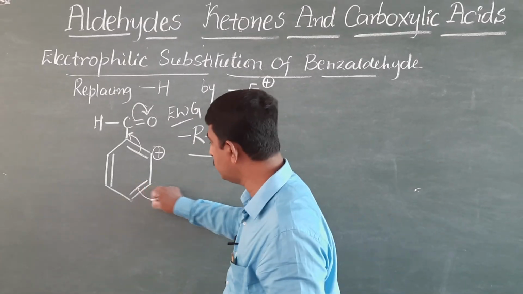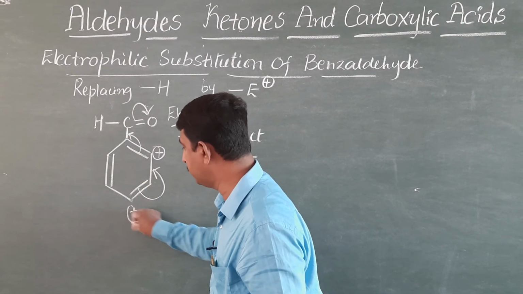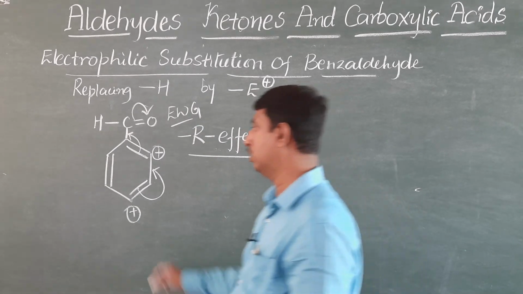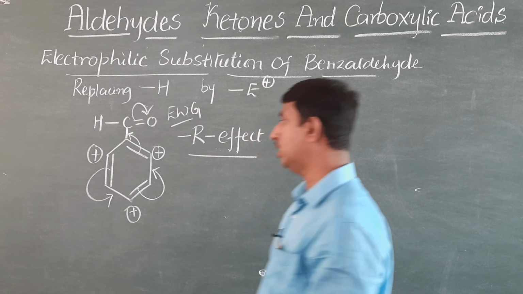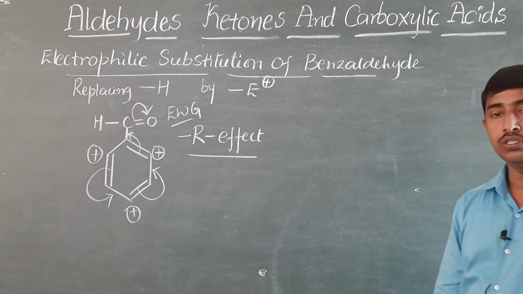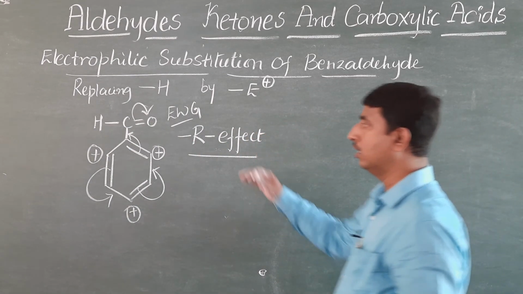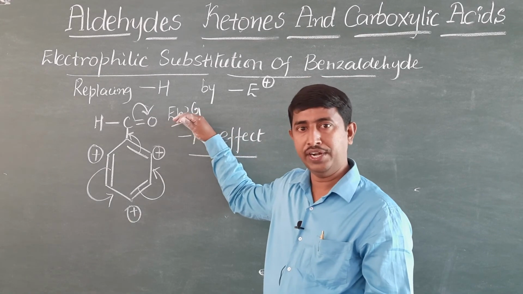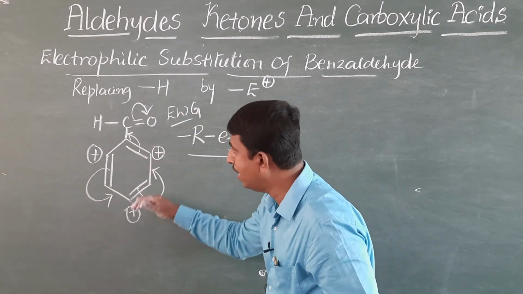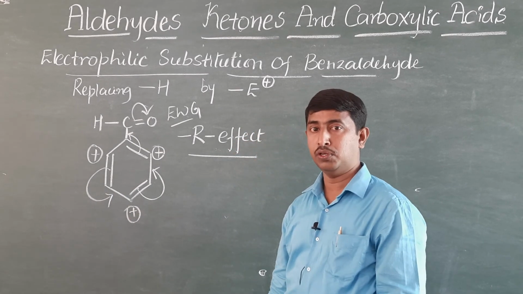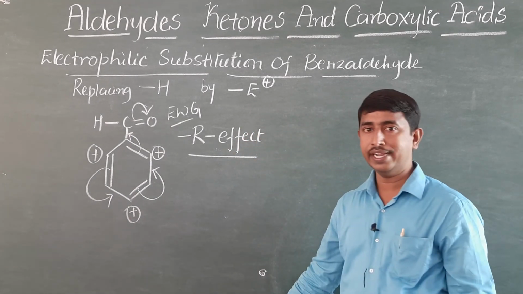In the next resonance structure, this electron will be shifted, so positive charge is created here. Again this electron shifts, and again positive charge is created. So if an aromatic ring contains an electron withdrawing group, then during resonance, the ortho and para positions carry positive charge.